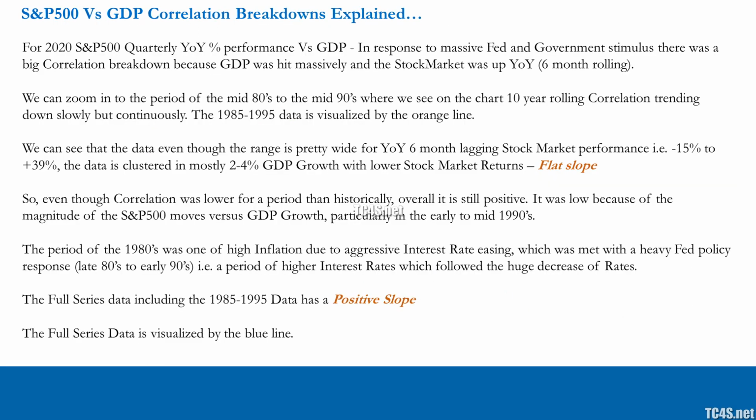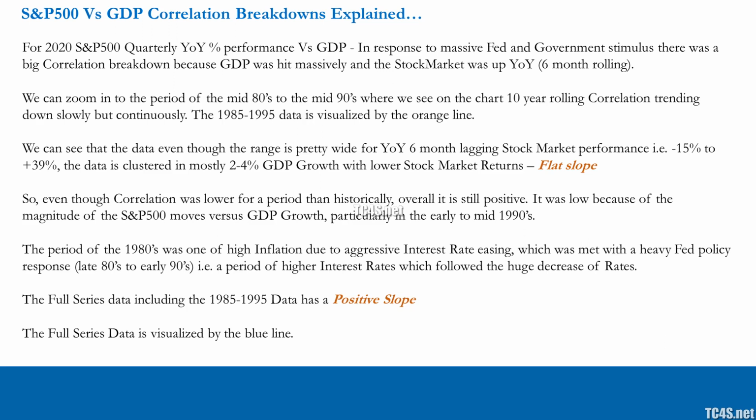Let's run through the breakdowns in correlation between the S&P 500 and GDP. When we look at the statistical 10-year rolling correlation, let's have a look at these breakdowns and formalize the explanation here. So for the 2020 COVID situation, the explanation is pretty clear, okay? It's pretty obvious. For 2020, S&P 500, the quarterly year-on-year performance versus GDP, it was in response to a massive Fed and government stimulus.